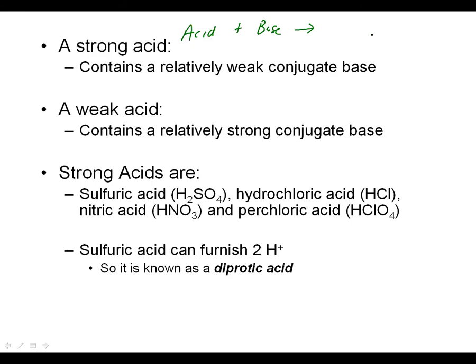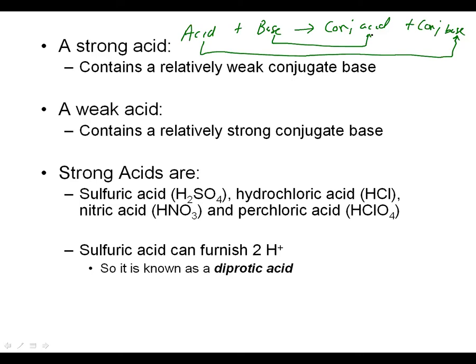The relationship in strength between an acid and its conjugate base, or a base and its conjugate acid, is an opposite relationship. If it starts out as a strong acid, its partner on the other side, its conjugate base, will be relatively weak. And vice versa, if it starts out as a weak acid, its conjugate base will be relatively strong.